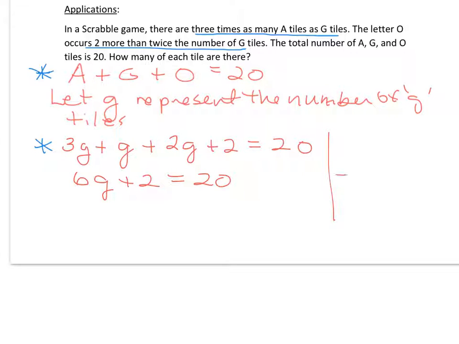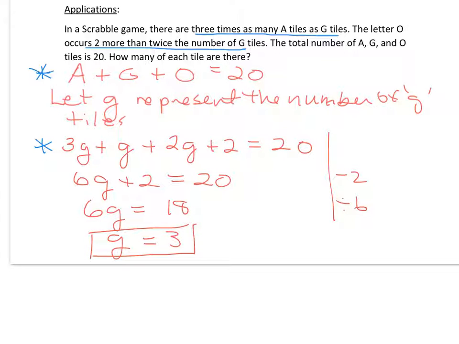I'll subtract 2 from both sides, so I have 6g equals 18. And I'll divide both sides by 6, so that g now equals 3. Now I've solved for g, but have I answered the question how many of each tile are there? I've really only answered how many G tiles there are so far.